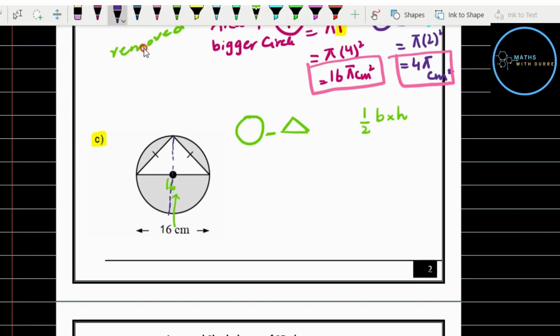So half of this line will be a radius of the circle also and a height of the triangle also. I am writing both formulas on the board for your help only. You need to use pi r square to calculate area of a circle and 1 over 2 base into height to calculate area of a triangle, then subtract both of them.